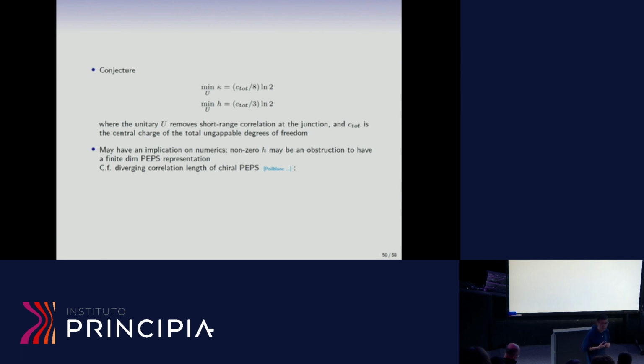And then there's also the related work by Patrick Hayden and collaborators. They show that H is not monotone under LOCC. That's a quantum information theory operation. So to be a proper entanglement measure, you want a quantity which always decreases as you do local operations, because local operations cannot increase entanglement.